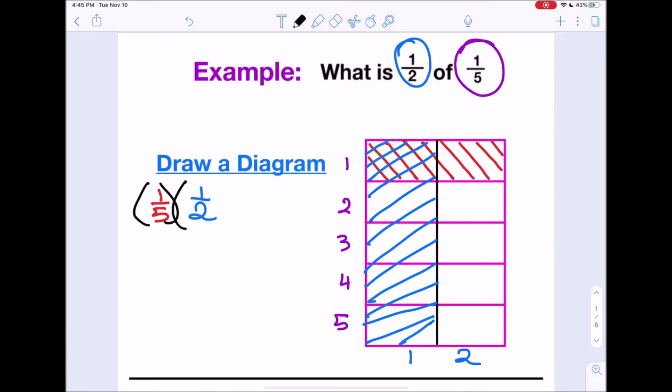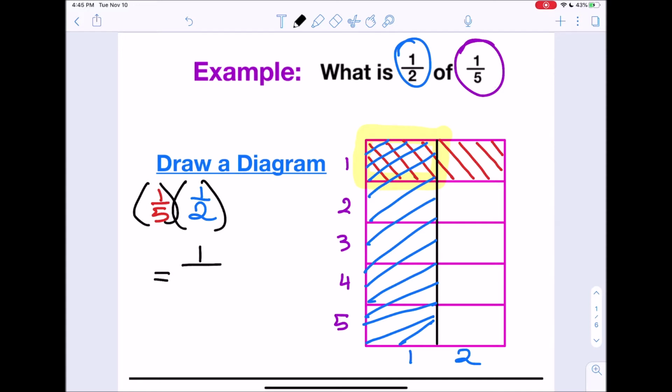Now, where those two colors overlap, that's going to be my numerator. So they overlap right here in this one box. So that means my numerator is going to be 1.